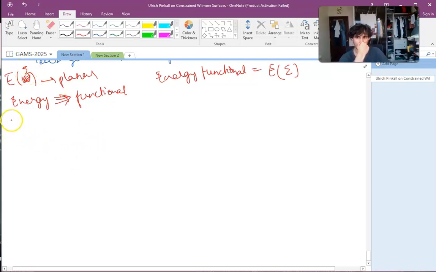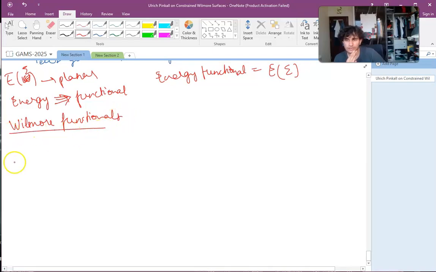Now similarly, we're going to define two new things. That is the Willmore energies or Willmore functionals. So the first one is W, not omega, just W. W of F is given as the integral over this surface sigma of just the square of the mean curvature.